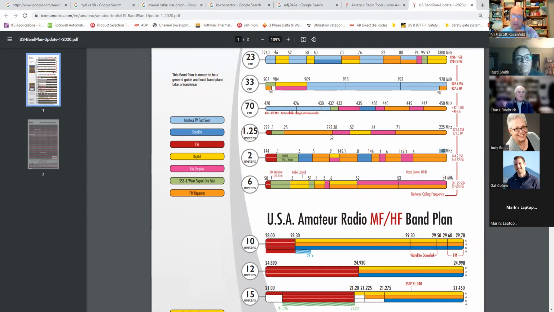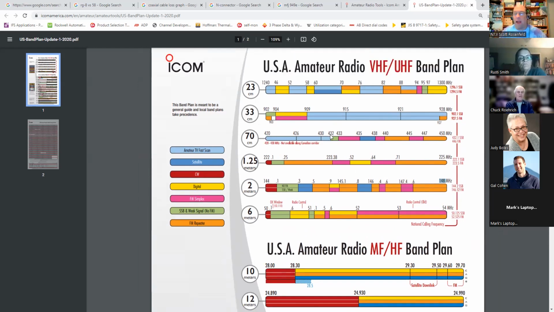Most people never thought about the VHF and UHF TV channels, 2 through 6, 7 through 13, and 14 to 83. If you're young enough, you've never seen over-the-air TV like that. Each of those TV channels took up 6 megahertz of bandwidth.